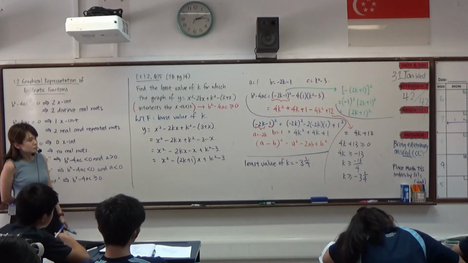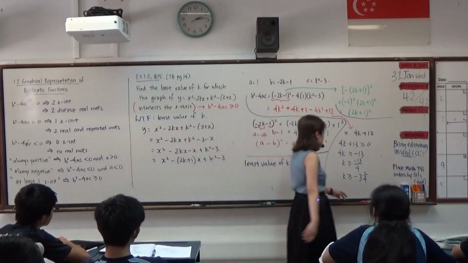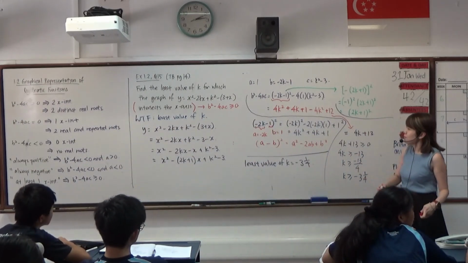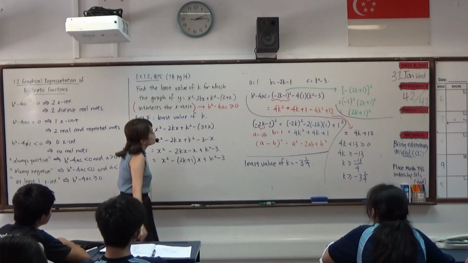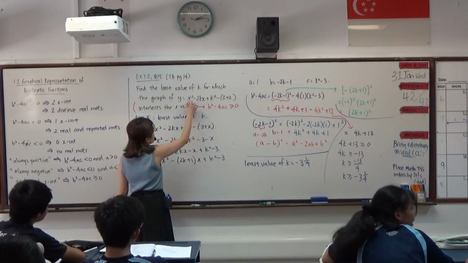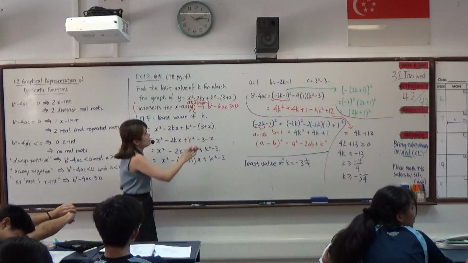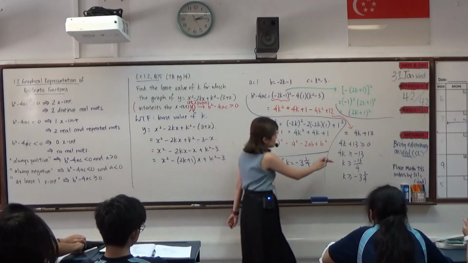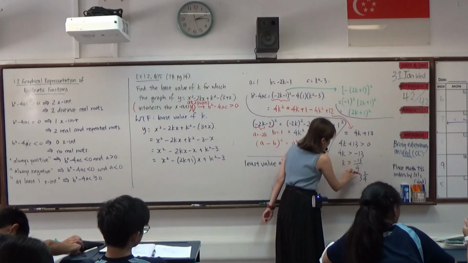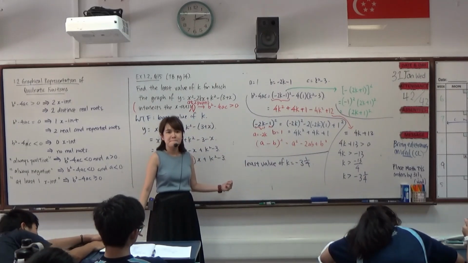Alright? Just wondering, what if I change the question to say that it intersects the x-axis at 2 points? I tell you that you say the discriminant must be more than 0, right? So that means our inequality changes. But is it possible for us to find this value of k?